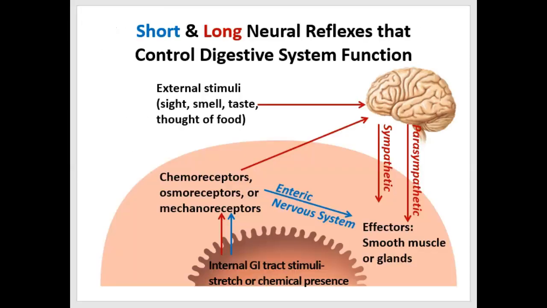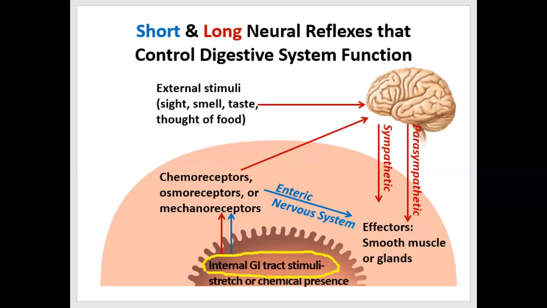This is a picture that's present in your textbook, short and long neural reflexes that control digestive system function. So first I'm going to do short range neural reflexes. So this is the lumen of the intestinal tract.